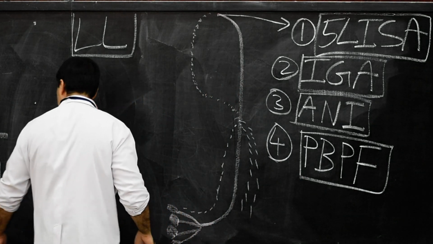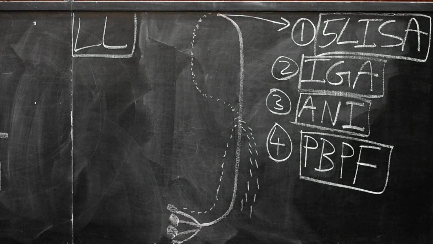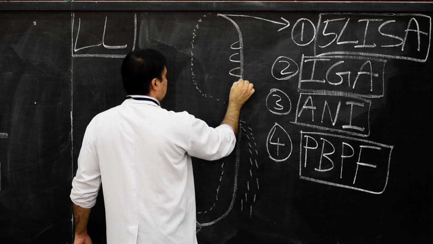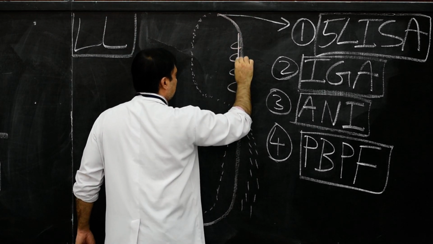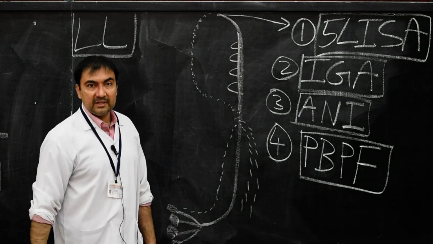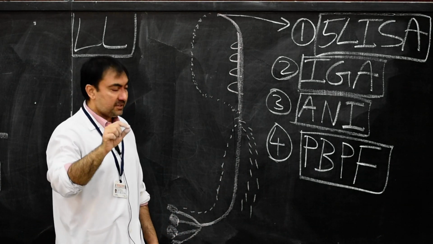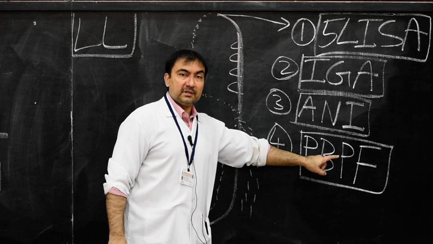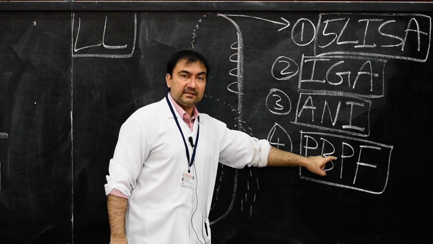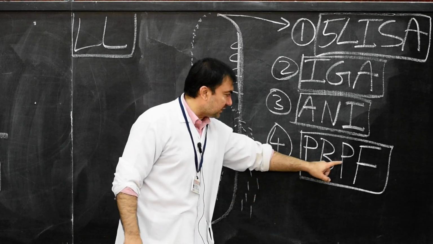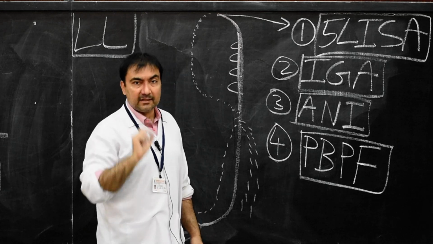Because originally, if I just take this chalk here, there will be the perforating branches which will be longitudinally anastomosed. So there will be longitudinal anastomosis of the perforating branches of the profunda femoris artery. That is also a remnant of the axis artery. Please note down, longitudinal anastomosis of the perforating branches of the profunda femoris artery.